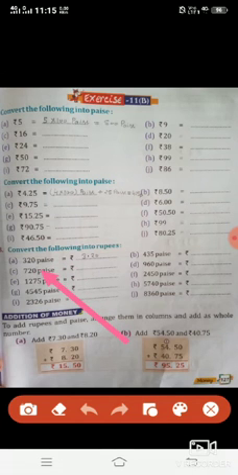So we can write it as 3 rupees 20 paise. Got it? So students, you will solve the rest of the questions yourself in homework.